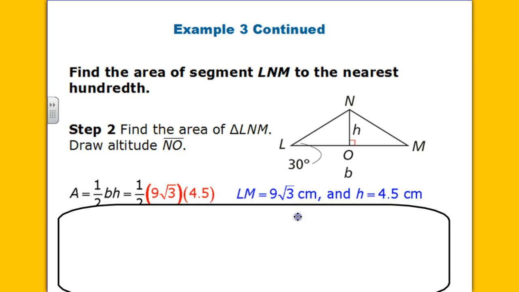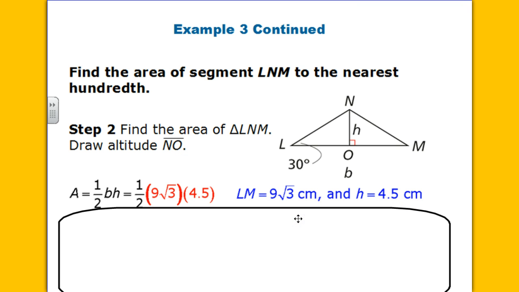So we can say then that the base must be 9 times the square root of 3. And the height must be 4.5, which is half of 9. Remember, the hypotenuse is 2a, and the shortest leg is a, right? So 4.5 is the height.